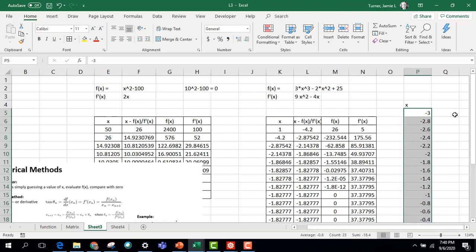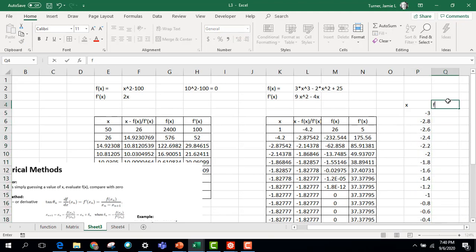So there's our x, and here's our equation for x. So this is our 3 times x cubed, minus 2 times x squared plus 25.